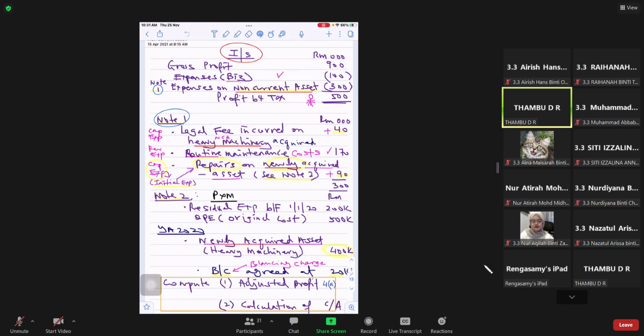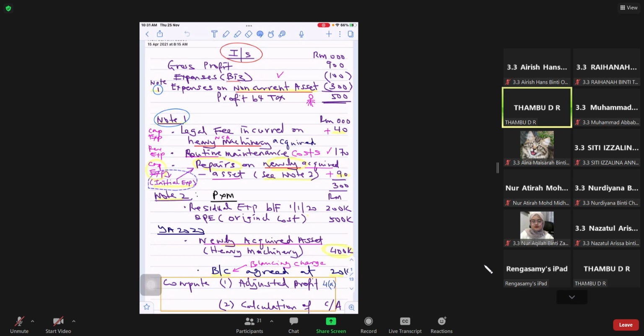What is that word initial? This is what I want to explain. Initial means I buy an asset and then immediately I spend money on it. So initial means the moment you buy the asset, after that immediately you spend money on the asset. That we call it initial. That is capital. So let's say I buy the asset today, tomorrow I do repair work.